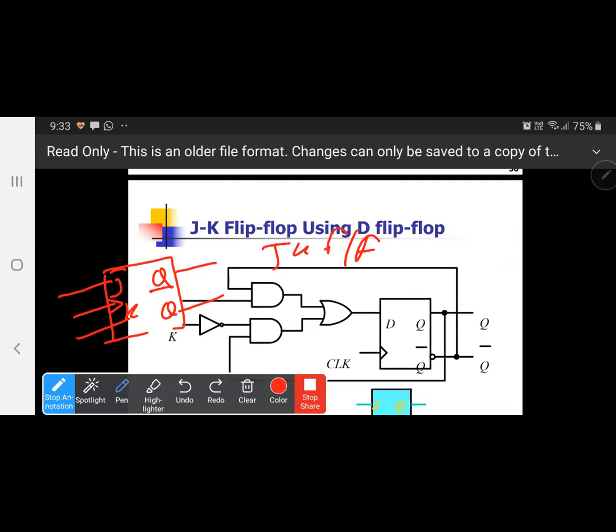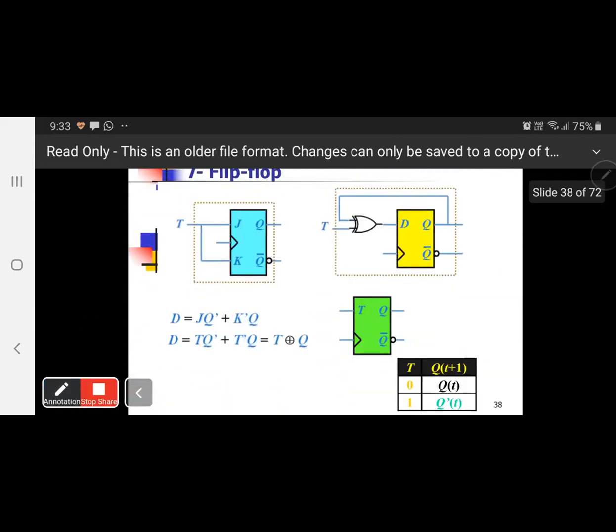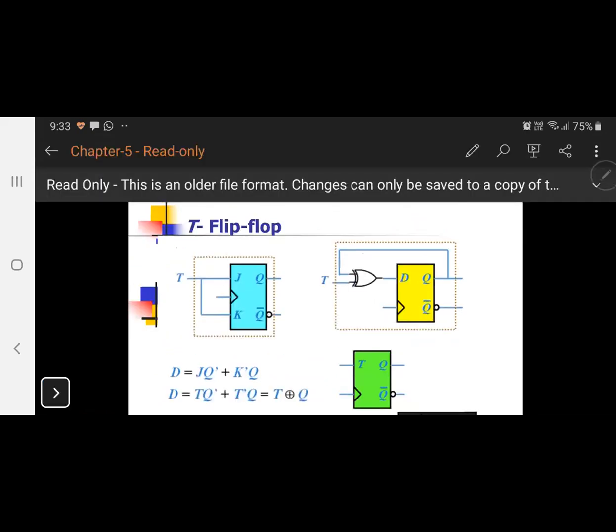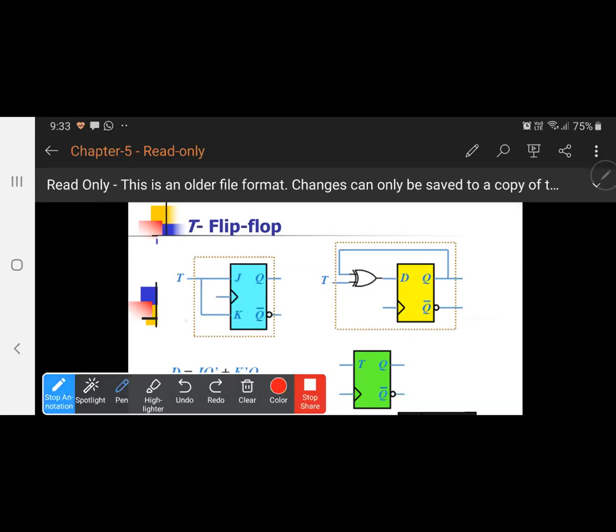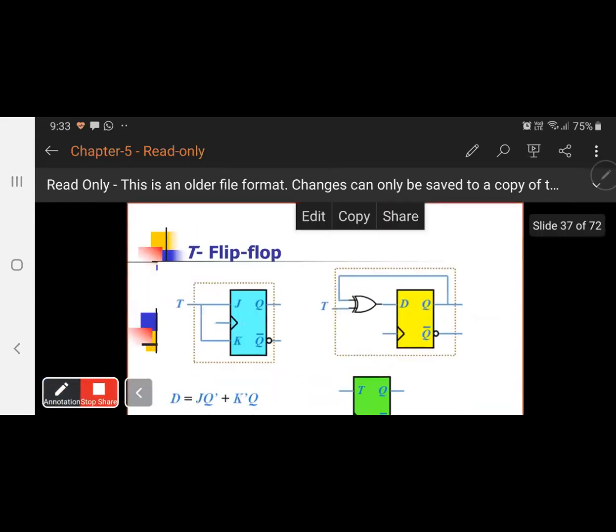Okay. So now, this is the equation we have done on T flip-flop. Look, for the T flip-flop, you can say T flip-flop comes from JK. That means we have JK flip-flop and I'm going to combine both inputs into a single input, then it becomes the T flip-flop.